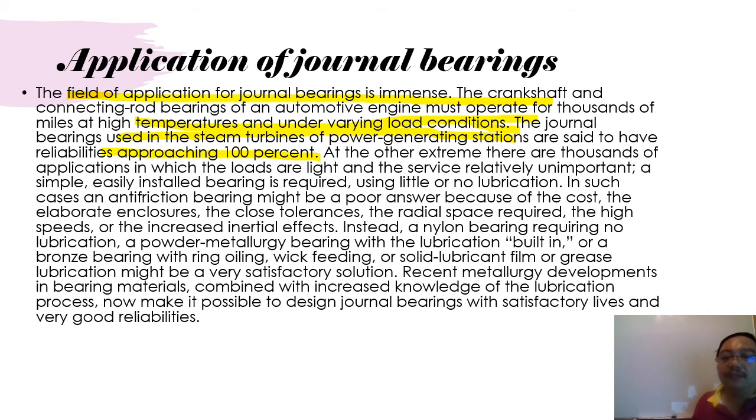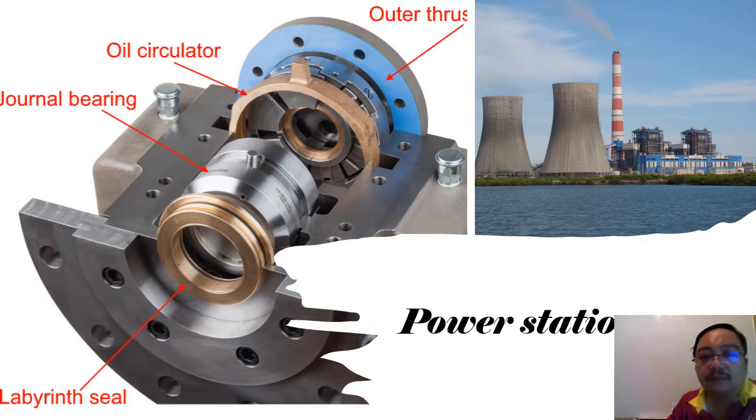At the other extreme, there are thousands of applications in which the loads are light and the service is relatively unimportant. A simple, easily installed bearing is required, using little or no lubrication. You can read all these statements; they show the importance of lubrication for the bearing itself. This is the power station that I mean.